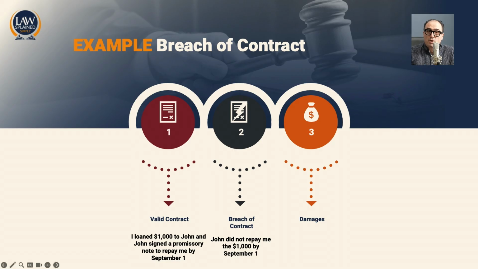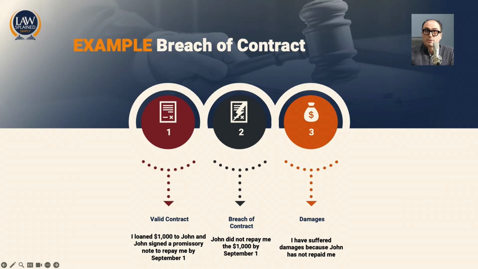Because the term of that promissory note was that he would pay you back by September 1st, and he didn't. And as a result of that breach, you have damages. You're out $1,000. So if you prepare a statement of claim with those 3 elements, you've made out a proper cause of action in breach of contract.